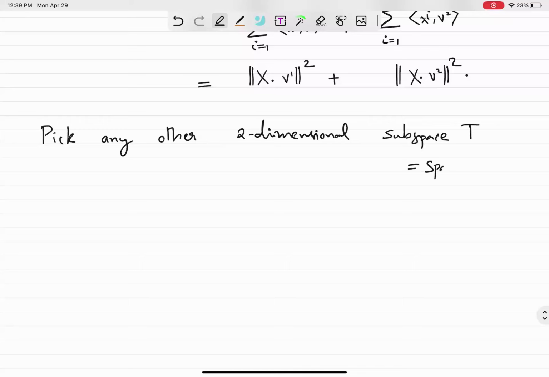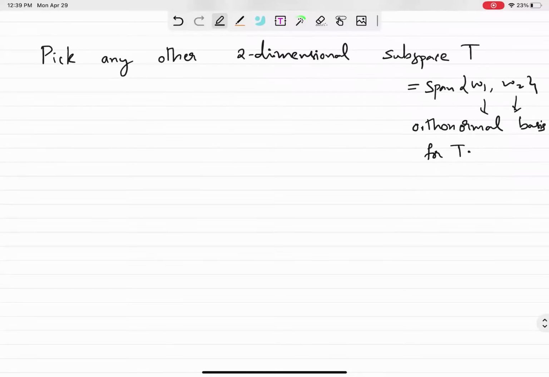And let's say T is a span of two vectors W1 and W2, which are an orthonormal basis for T. Okay. So what does this mean? What do we get?